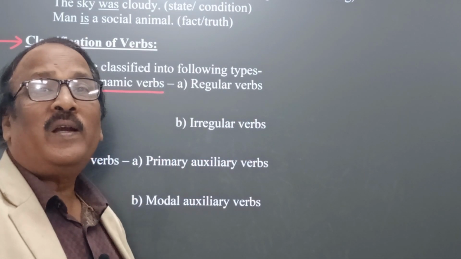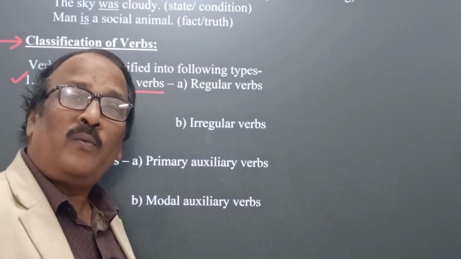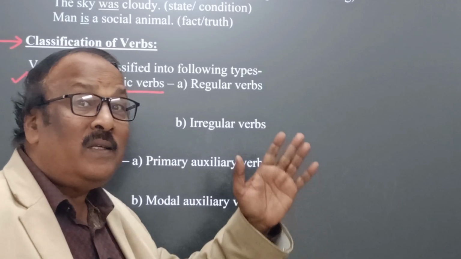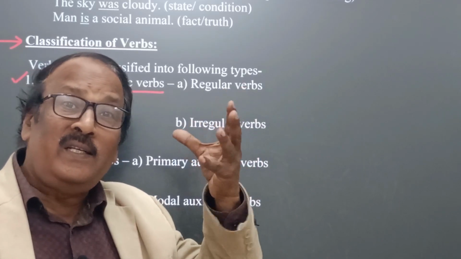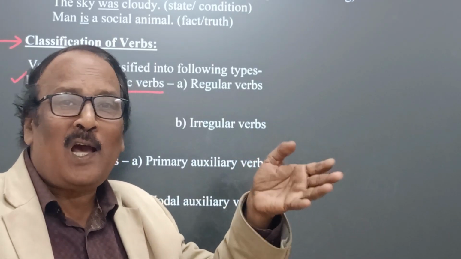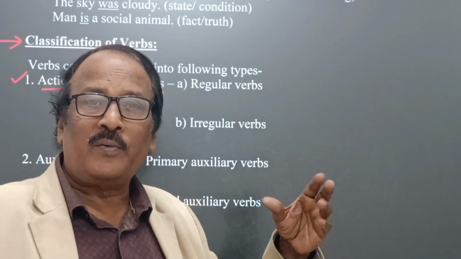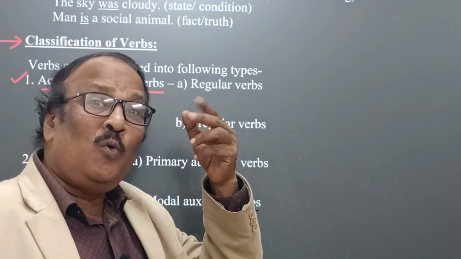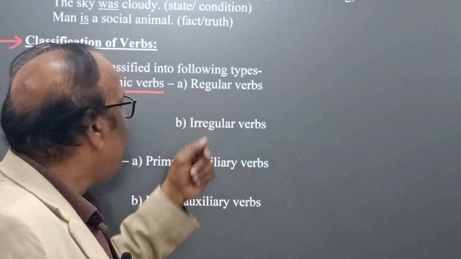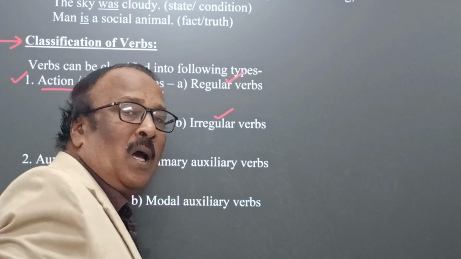They are called dynamic verbs, full verbs or main verbs, and as they have dictionary meaning, they are also called lexical verbs. Action verbs or main verbs are divided into two categories: one, regular verbs, and another, irregular verbs.